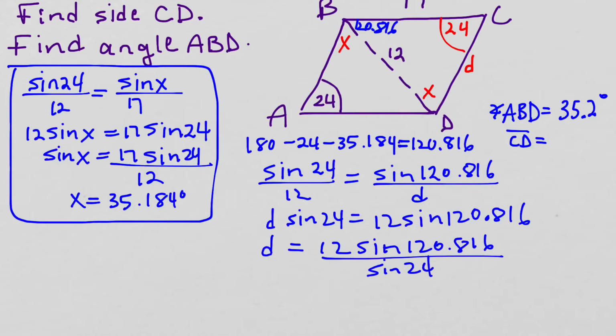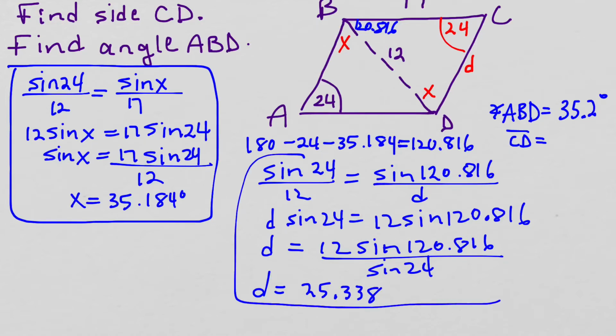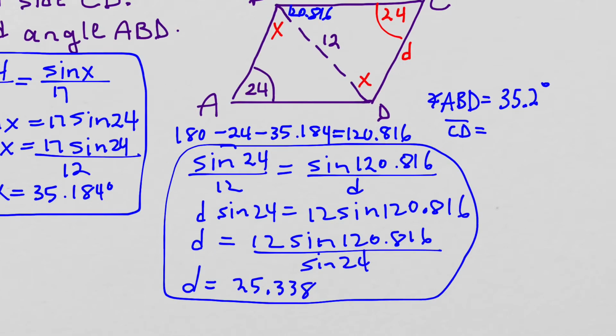Okay, just typing all of that in, that becomes 25.338. All right, so I did that calculation there to find that little d side. Now I'm going to write it over here. This is CD, rounding to the 10th place. That's my answer.